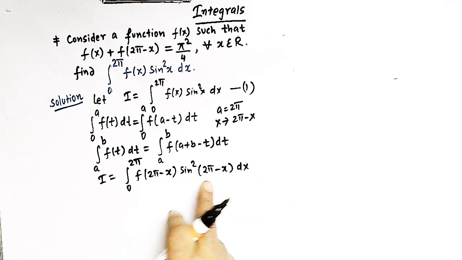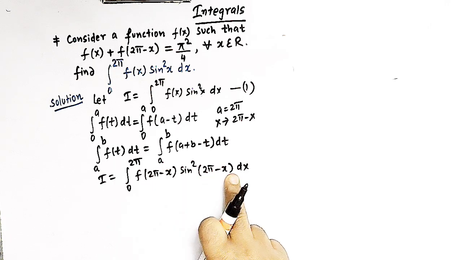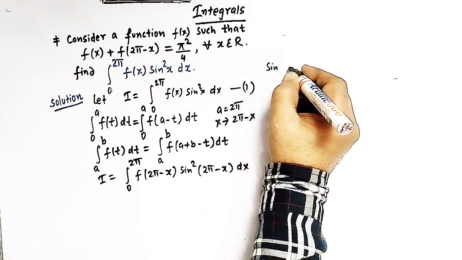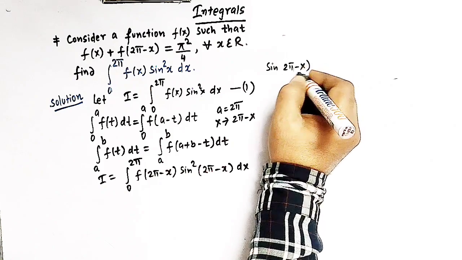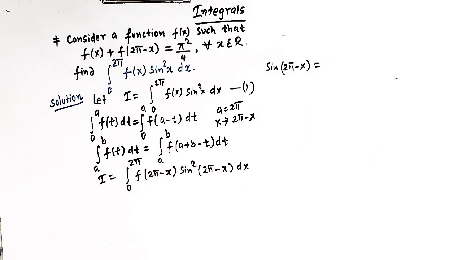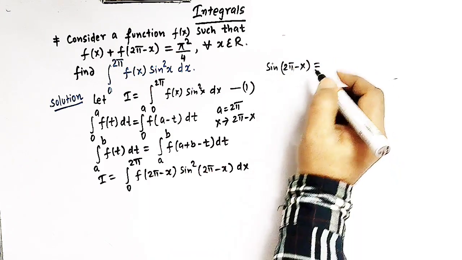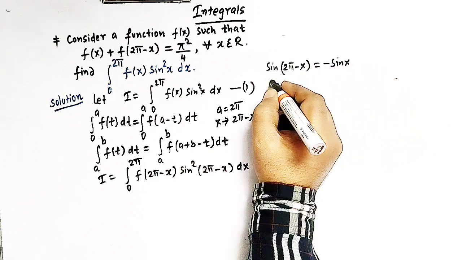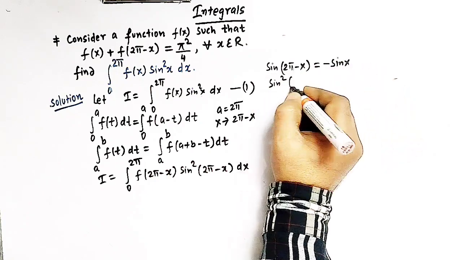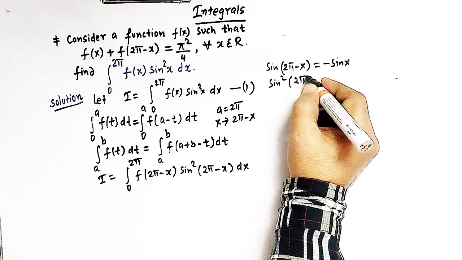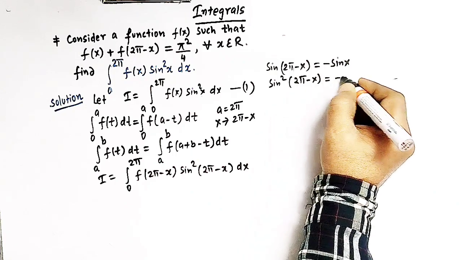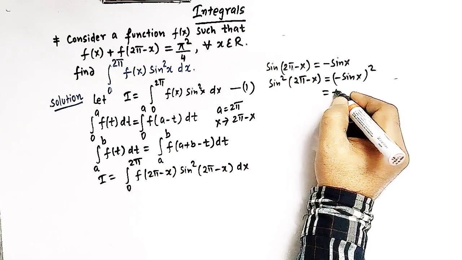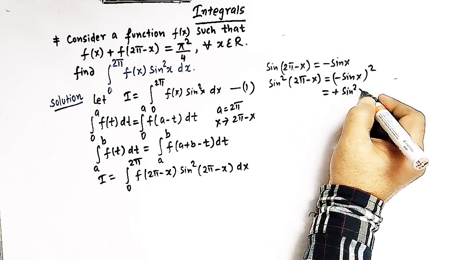Okay, now let us take some help from trigonometry. Now see, here we have sine of 2 pi minus x, and from trigonometry we know that sine of 2 pi minus x is given by minus sine x, so that the square, sine square of 2 pi minus x, is given by minus sine x whole square, and that is positive sine square x.